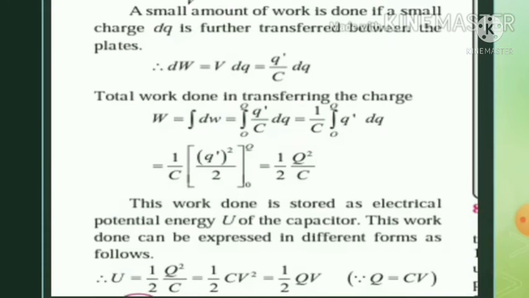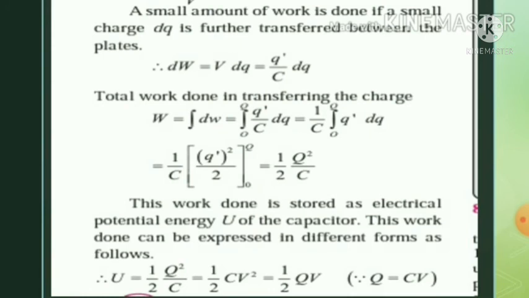Here we know the rule of integration: integration of x raised to 1, or x into dx, equals x raised to 1 plus 1 divided by 1 plus 1, meaning x square upon 2. This formula is used in simplifying the equation.